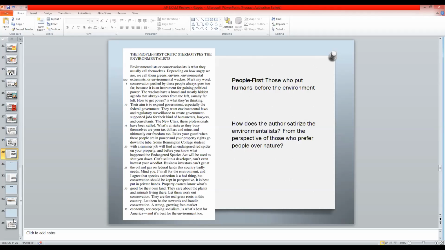My first question for us to discuss and analyze is, how does the author satirize the environmentalists from the perspective of those who prefer people over nature? In this case, I'm just going to have you look at the forms of satire that he uses from the point of view of someone who's criticizing environmentalists. I'll give you about 2 or so minutes. It's not a super long reading, and then we'll come together and find some answers together.